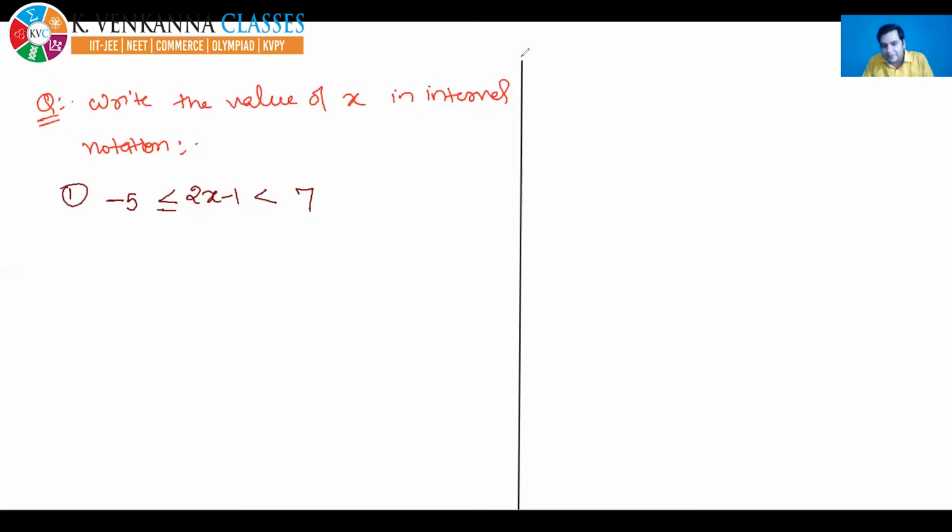Oh, Deepak, I am not asking for the value of 2x minus 1. You say 2x minus 1 belongs to minus 5 to 7. No, see the question. Write the value of x. You have to write the value of x in interval notation. Everyone, please see the solution. No, Jayasankar, not correct.